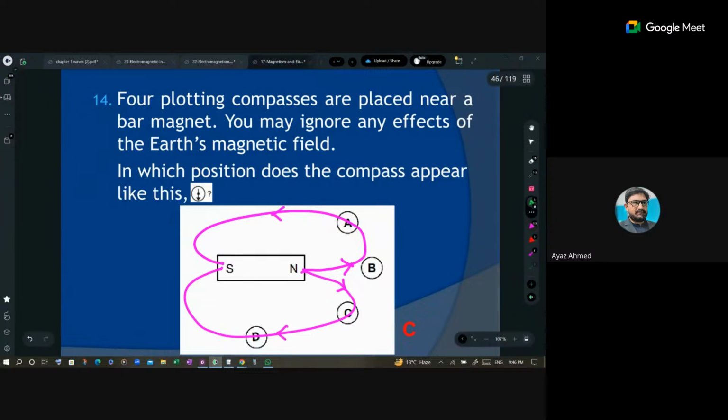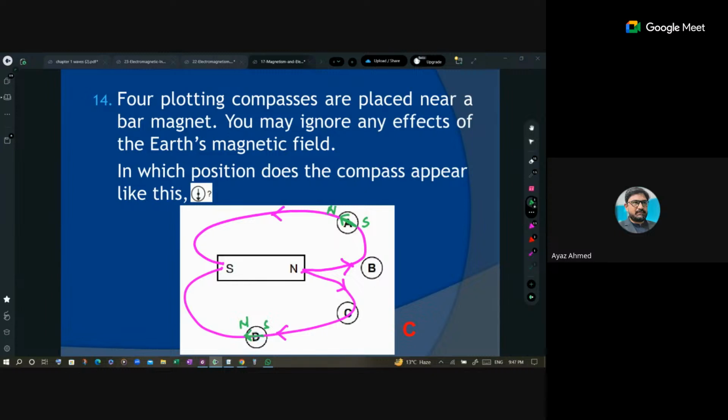Now, if I place a magnet at A, first let me explain at A. At A, the magnet would have north in this direction and south over here. At D, it would have north in this direction and south in this direction. So these two options are gone.